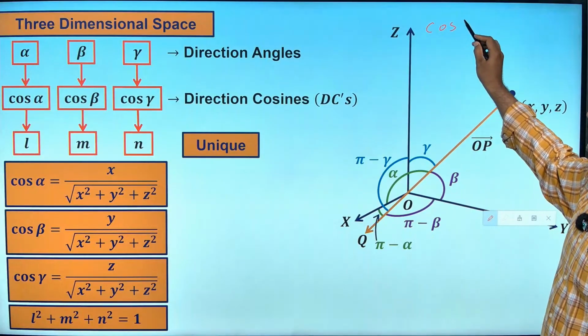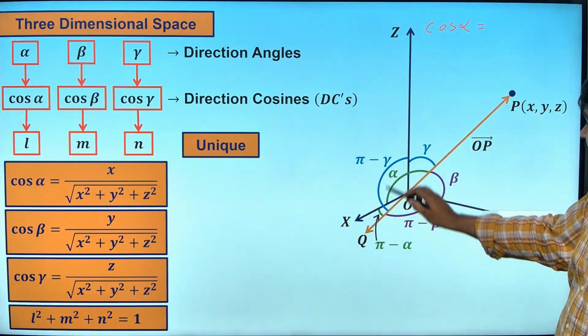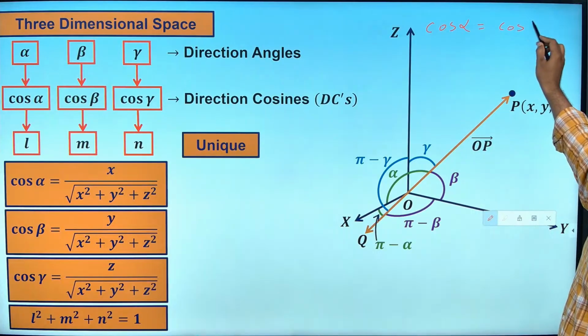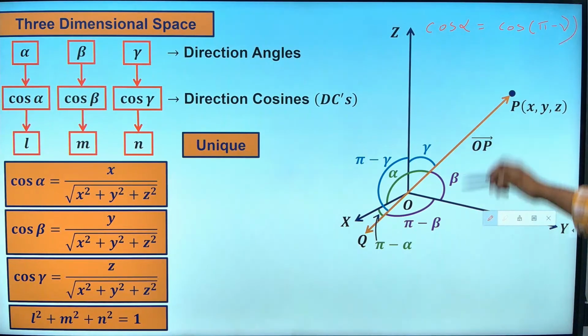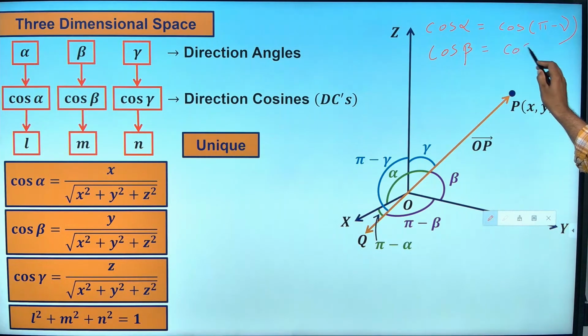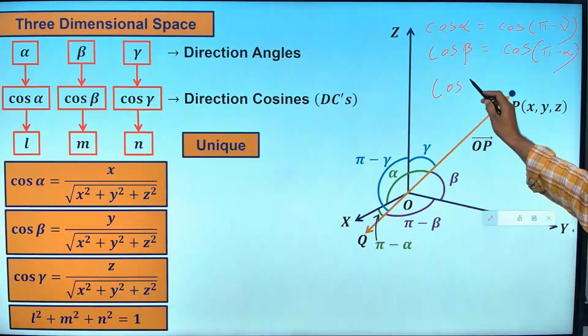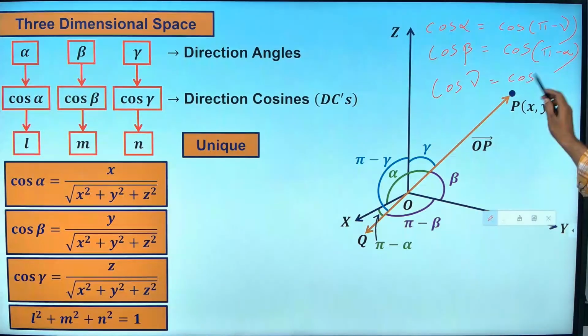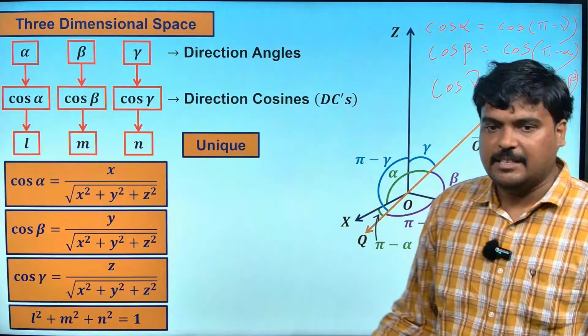Cos alpha can be written as cos pi minus gamma. Cos beta can be written as cos pi minus alpha. Cos gamma can be written as cos pi minus beta. Guys, what is cos pi minus beta or cos pi minus alpha?